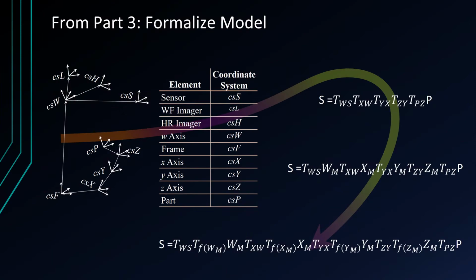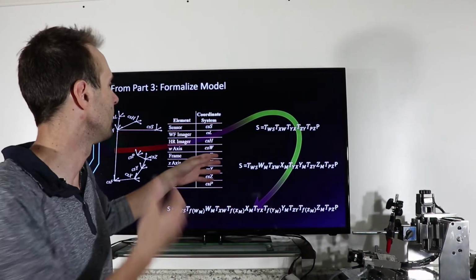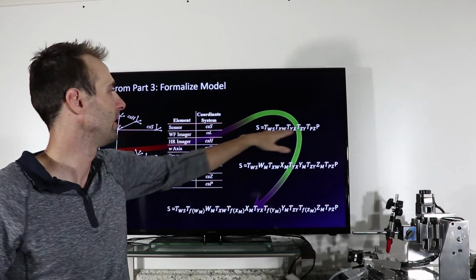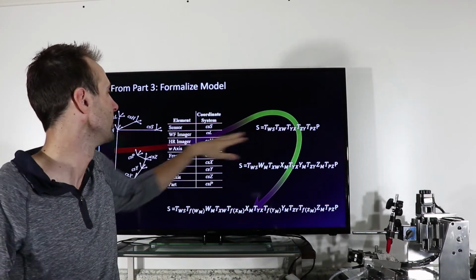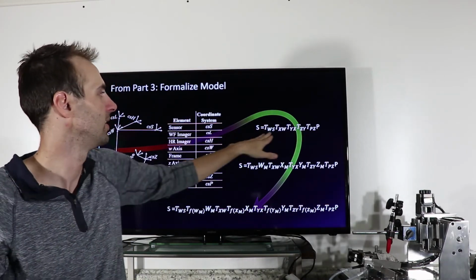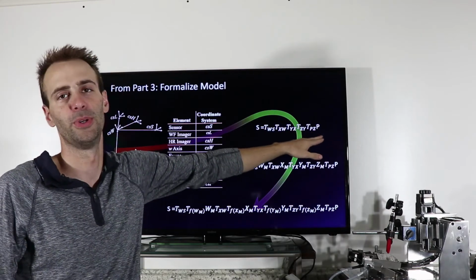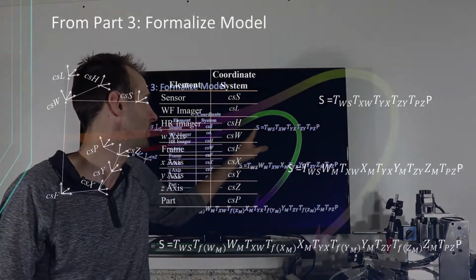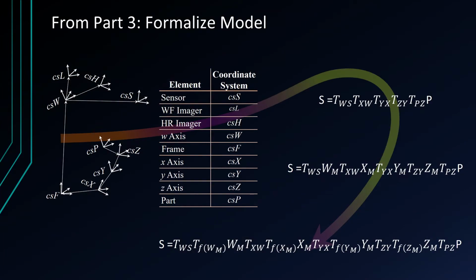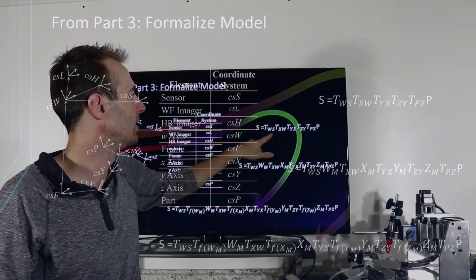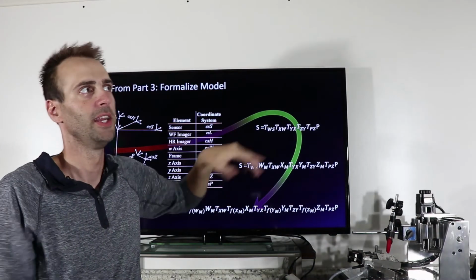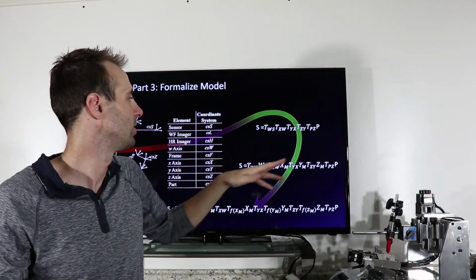And again, coming back to this slide here, the important thing to remember is this is your kinematic chain, right? So for all of these things here, I have a simple transformation from part to my sensor coordinate, and this is basically at machine home, right?